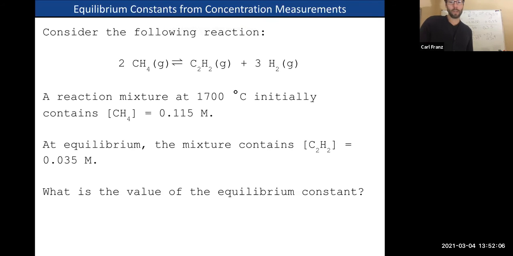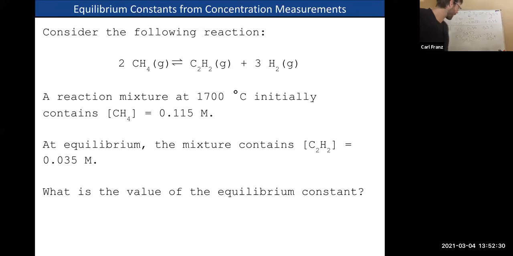What happens when we have a different reaction? And what does it give us here? This time, it gives us the initial concentration of methane, and it gives us the equilibrium concentration of ethane.